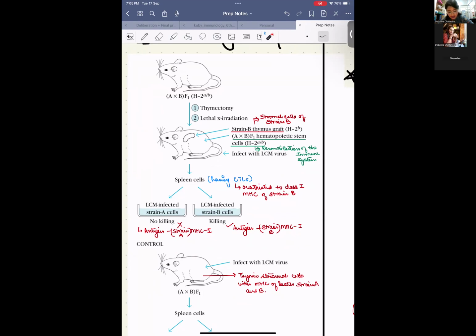The thymus is coming from parent B, so the stromal cells of that thymus will be only of B. That's why it is only able to kill the LCM infected strain B cells and not strain A cells. Although the mouse has hematopoietic stem cells of both strain A and B, we have only put the thymus of strain B.